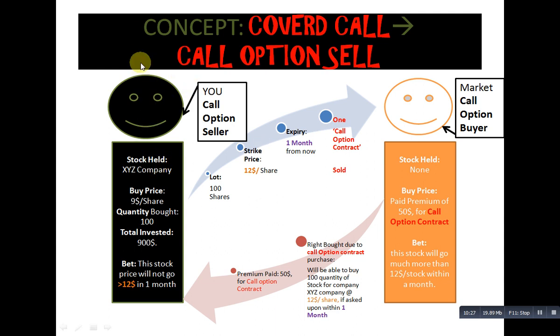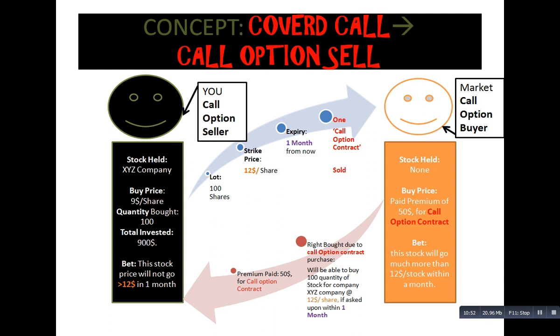So you, a person who is trying to make money from a covered call, are going to hold a stock of XYZ company. Any financially stable, long-term investment which you have, you at least need to have 100 quantity of the stock.